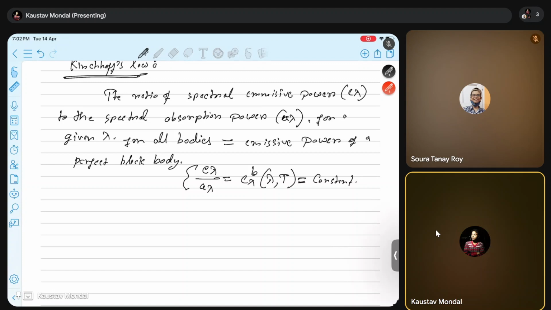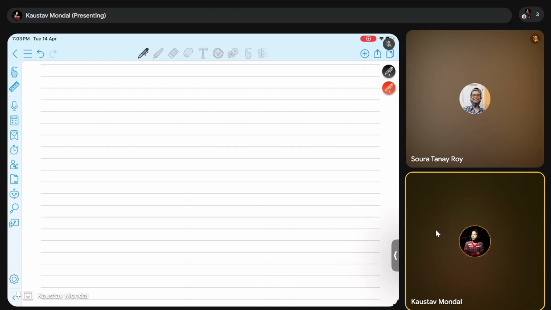So this is the definition of Kirchhoff's law. Next, we'll discuss the different types of thermodynamic properties of radiation. In order to define the thermodynamic properties and relations, we basically consider this cavity radiation as an ideal gas.